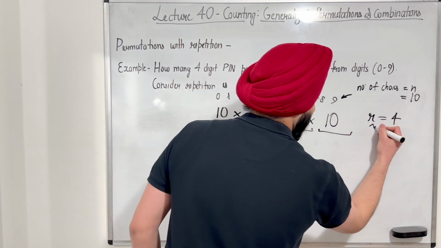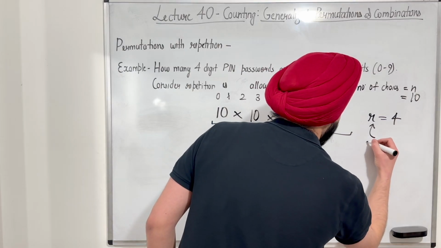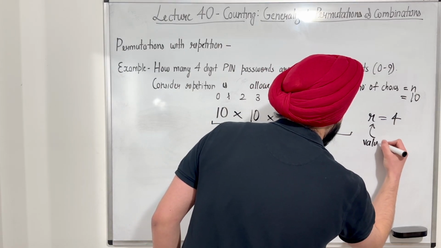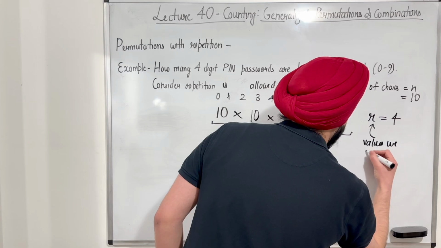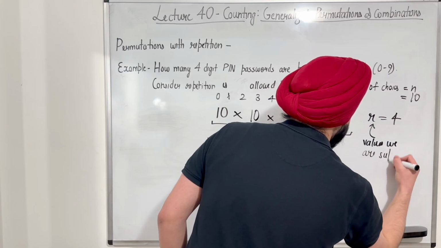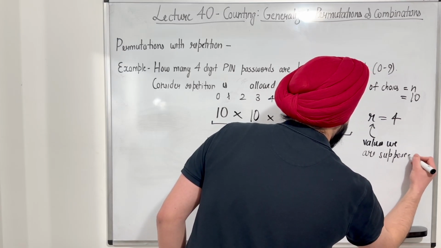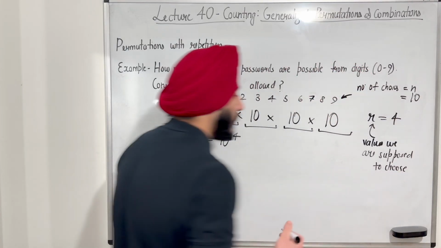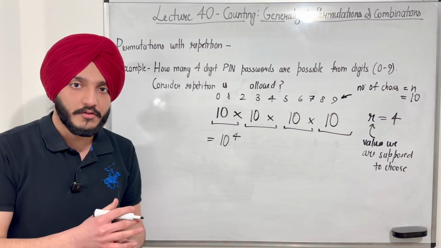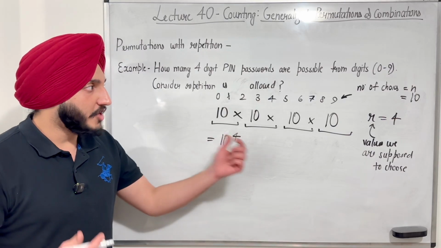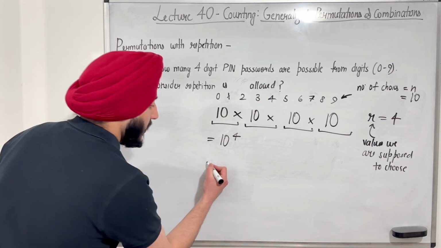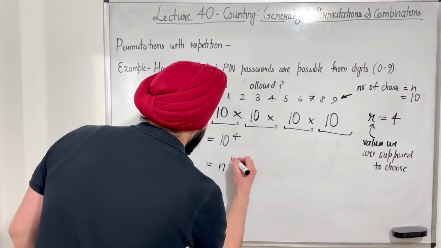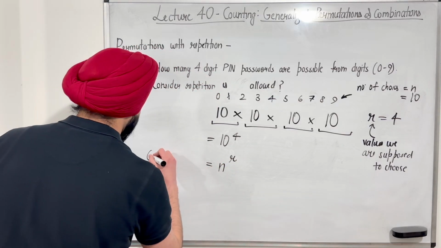R is 4, and R is the number we are supposed to choose. So if you get a question of permutation where repetition is allowed, the general formula would be simply N to the power of R.